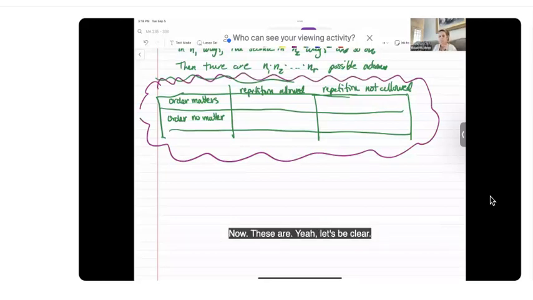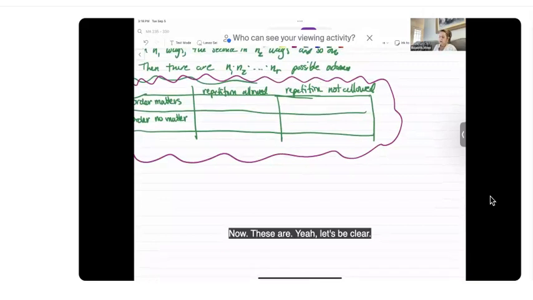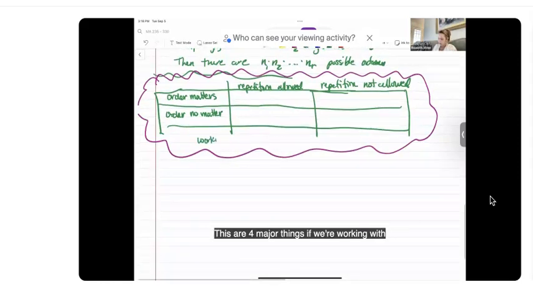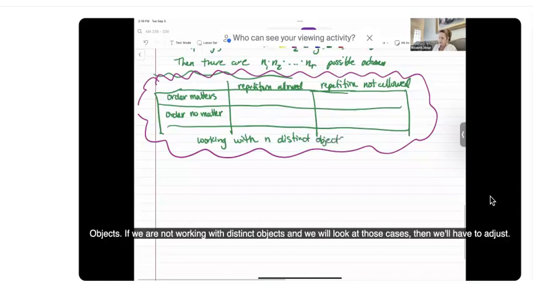Now, let's be clear. These are 4 major things if we are working with distinct objects. If we are not working with distinct objects, and we will look at those cases, then we'll have to adjust, okay?